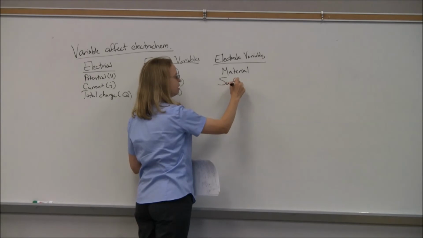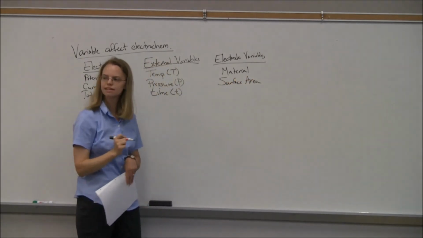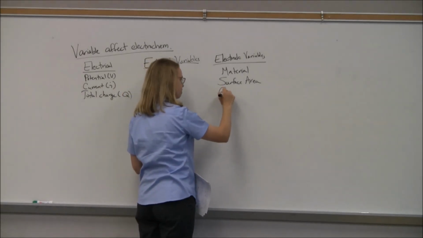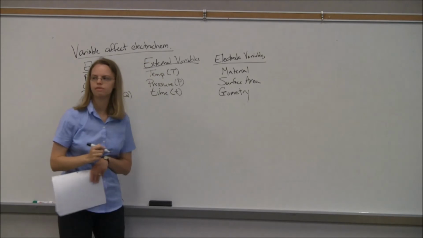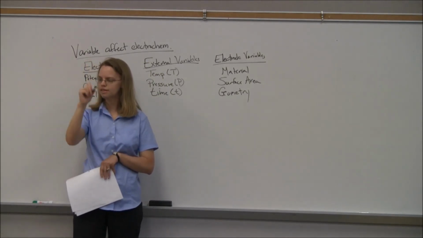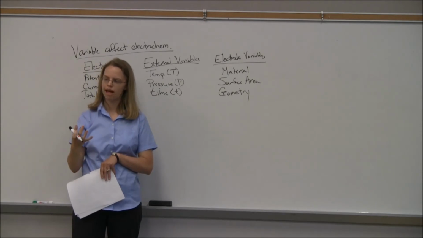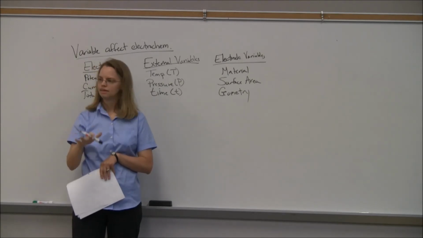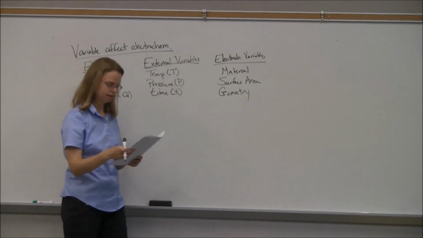We can vary the surface area of the electrode. We talked about that with double layer capacitance. Something we haven't talked about up until this point, we can vary the geometry of the electrode. In our lab, we use disc electrodes and cylinder electrodes, but there are many more geometries: hanging drops, bands, arrays, all sorts of things. And that's going to affect what kind of signal you get.